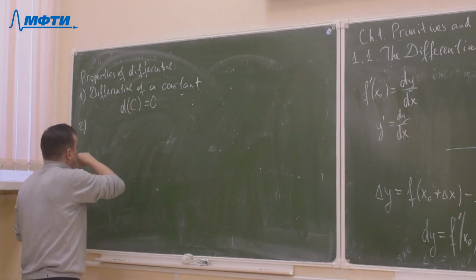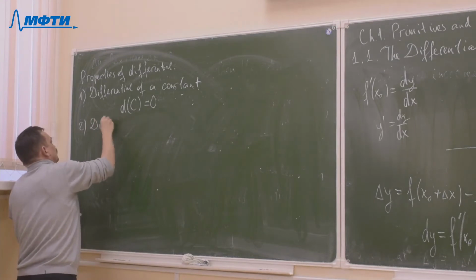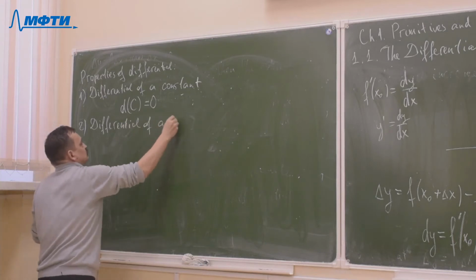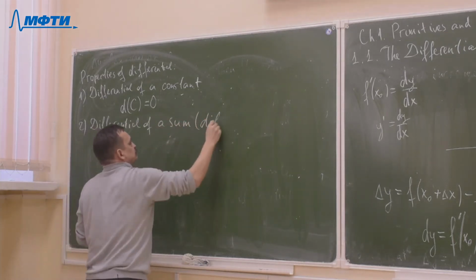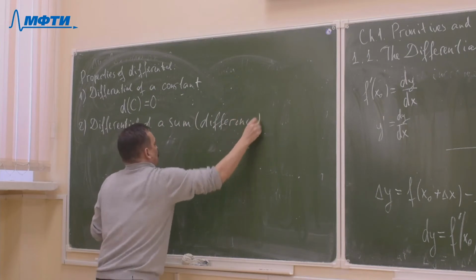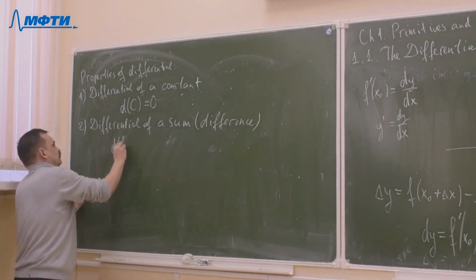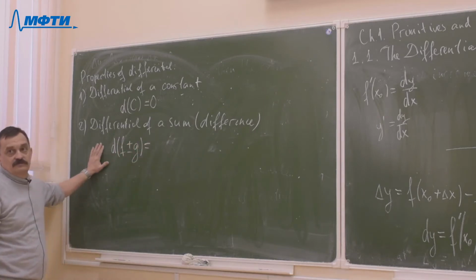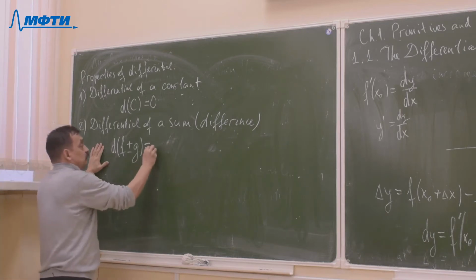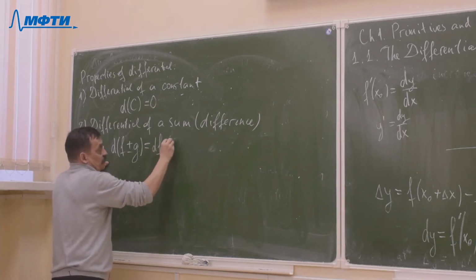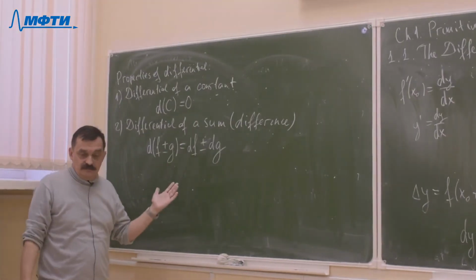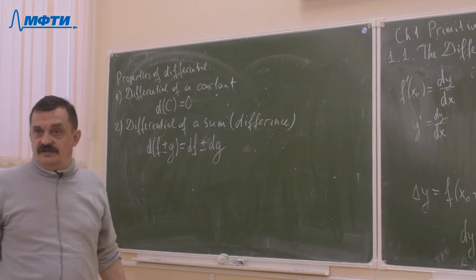Second, differential of a sum or difference. Differential of f plus or minus g equals what? df plus or minus dg, right? Once again, we just take a property of the derivative and multiply by delta x.